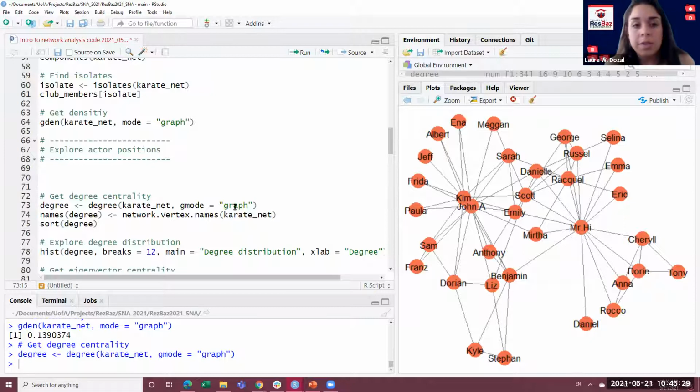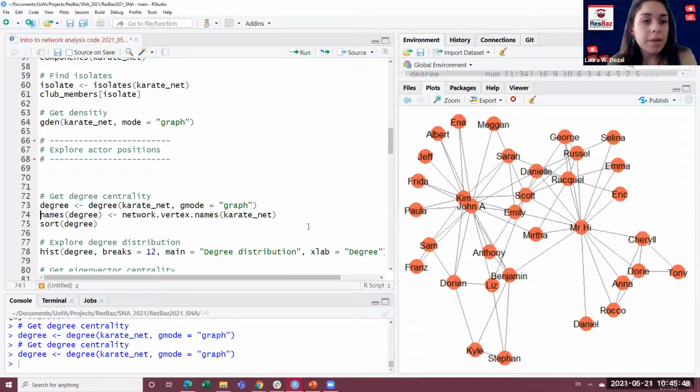That means it's just an undirected graph. If we wanted to look at a directed graph, we would put digraph, for short, directed graph. But we are not using a directed graph, so we're just going to stick with our graph network description.